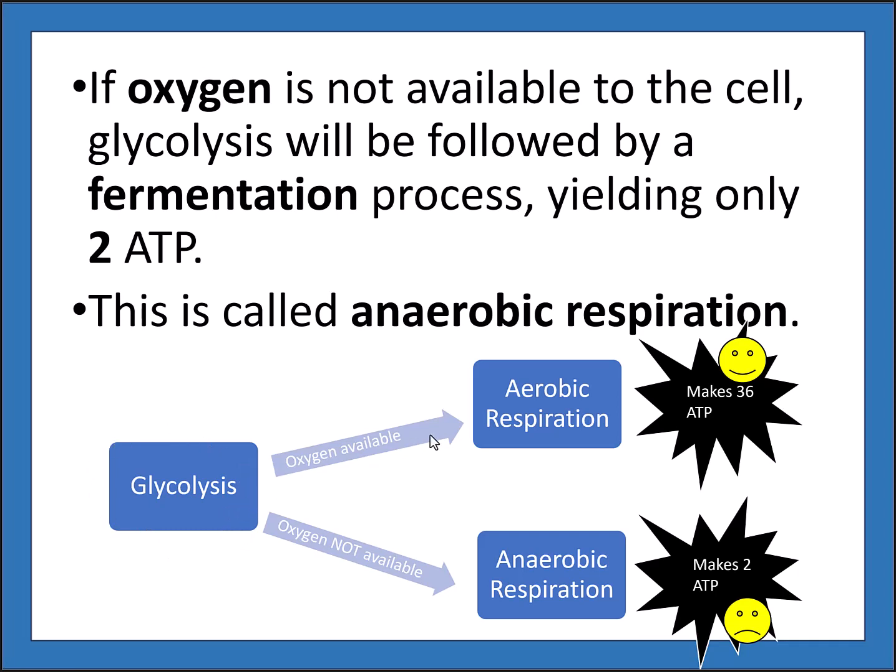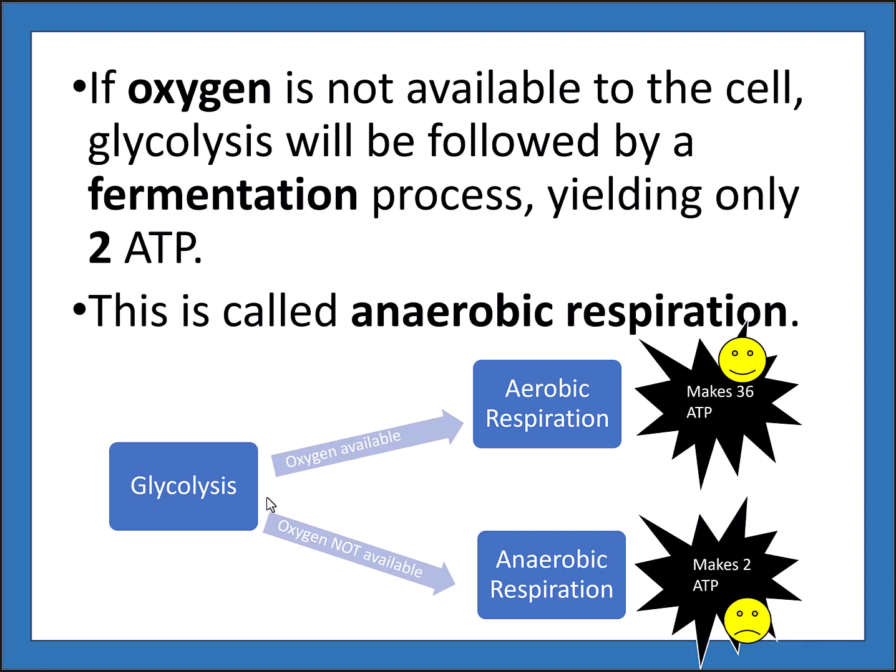But if oxygen is available, then aerobic respiration will occur and 36 ATP will be made. If oxygen is not available, glycolysis is going to be followed by fermentation in an anaerobic respiration process. And then only 2 ATP are made, which is obviously not ideal, hence the frowny face here.